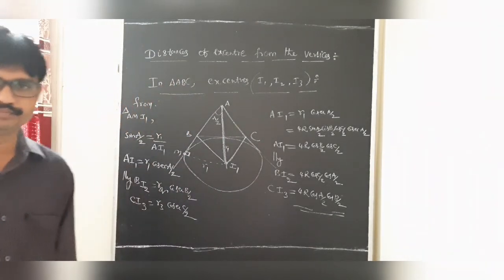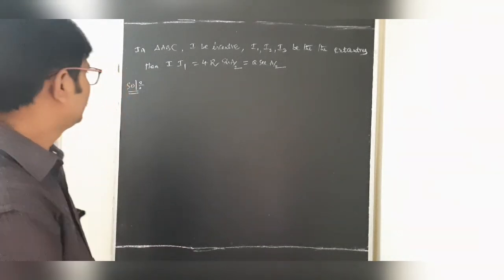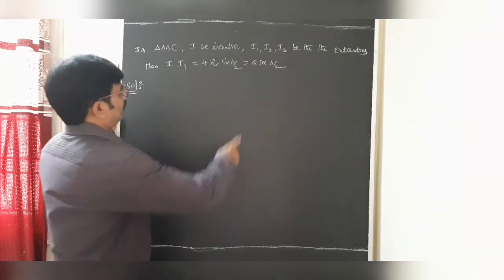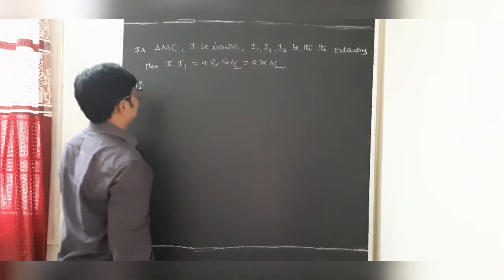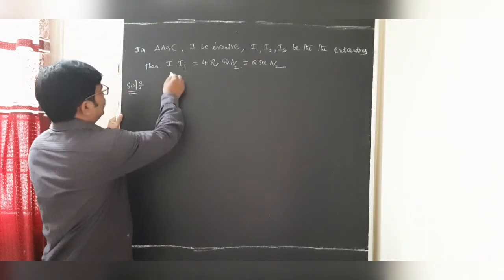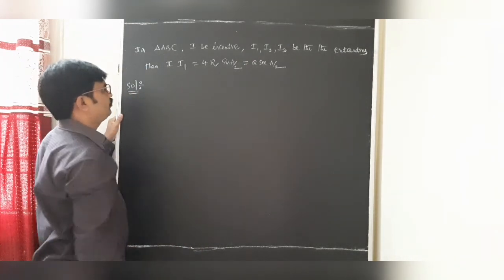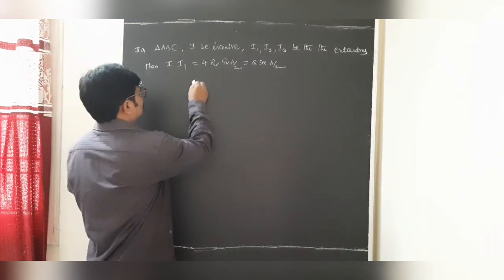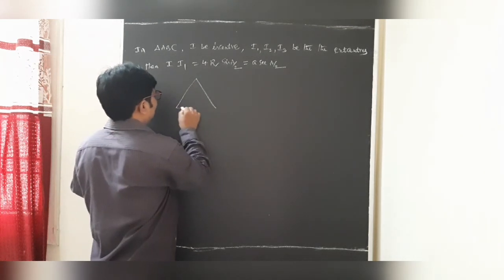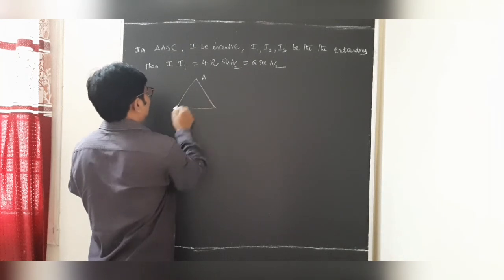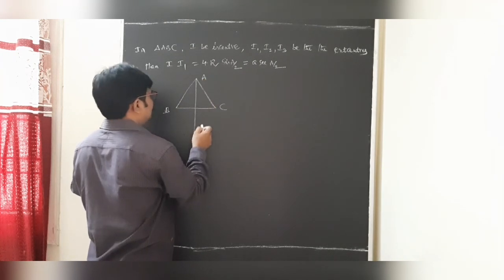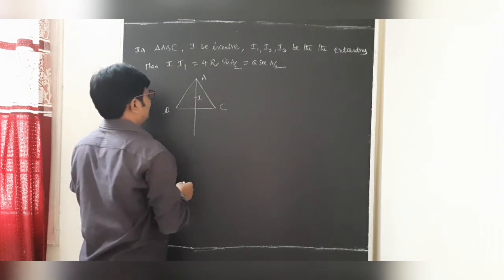My dear students, in a triangle ABC, I is the incenter, and I1, I2, I3 are the excenters. First we find II1 is 4R sin A by 2, equal to a into secant A by 2. So dear students, this is A, B, C. Now this is the internal angular bisector.